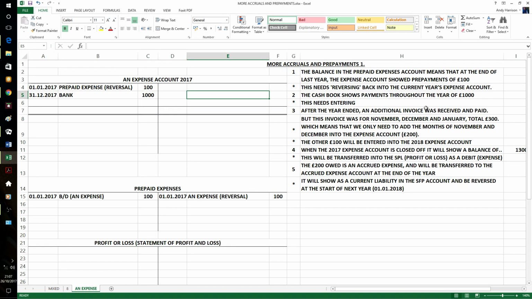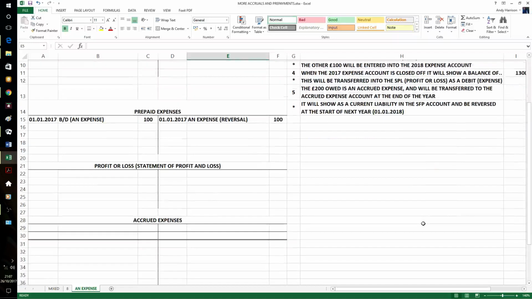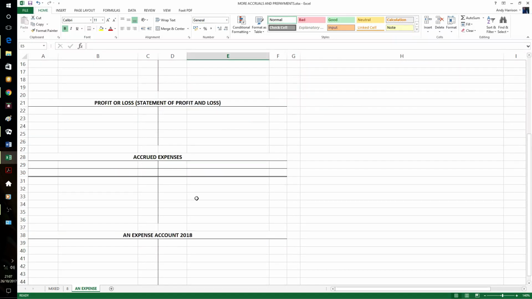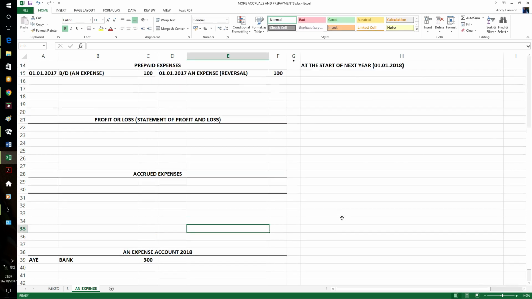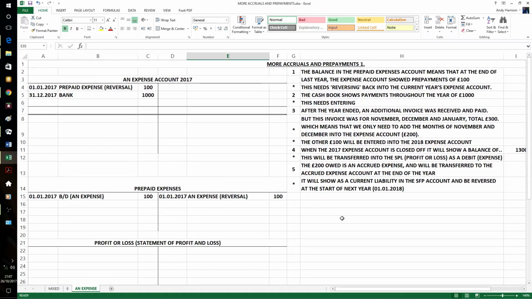After the year ending, we've got an additional invoice received and paid. That would initially show credit the bank because it's at the end of the year. Significance of that will show a little bit later. Credit the bank, debit next year's.